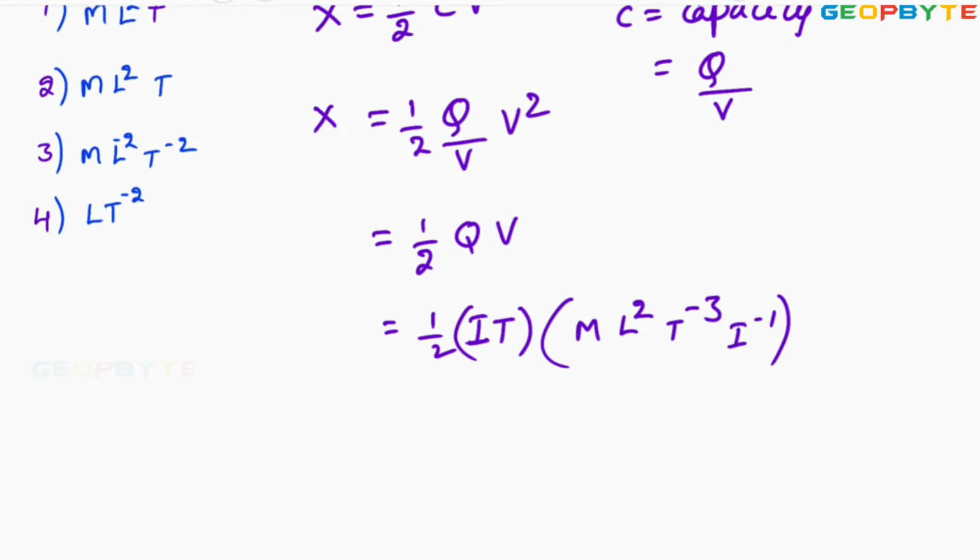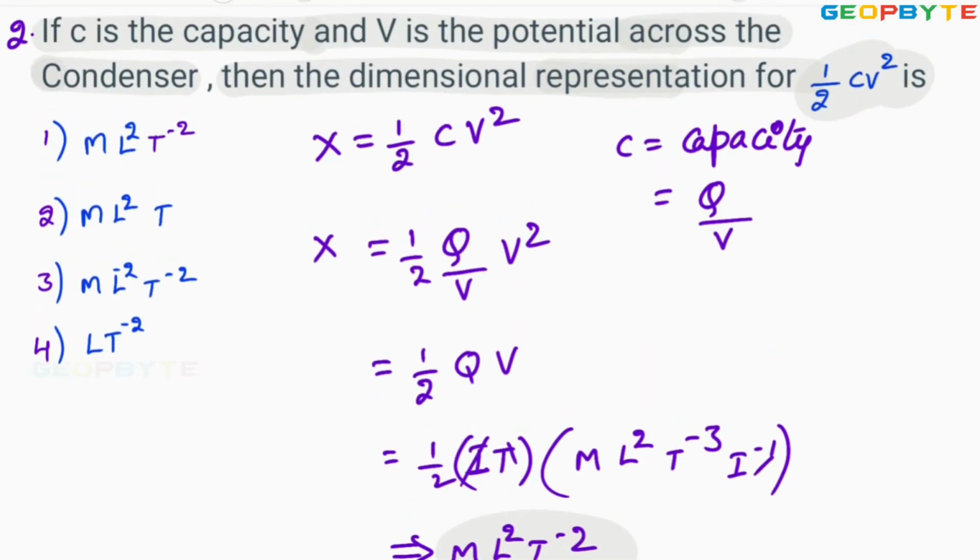Now you simplify it. This I inverse cancelled, one T is cancelled. Finally it is M L square T power minus 2. So this is the dimensional formula for the given quantity. Look at the options. The very first option is absolutely correct. I hope you clearly understood.